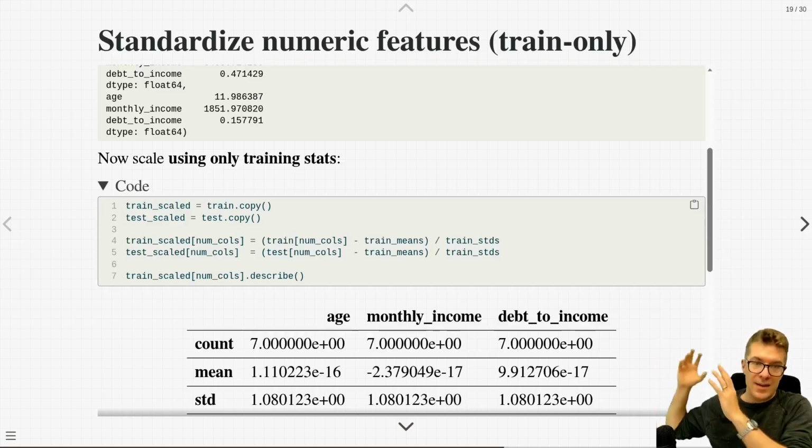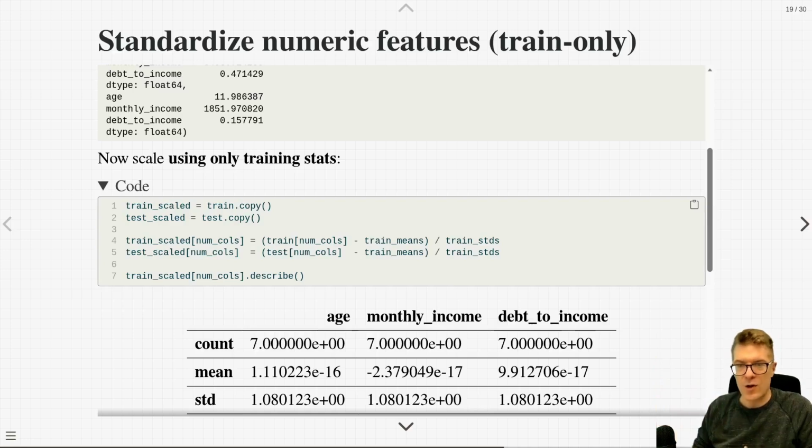Rather, I take the test data and scale it according to the statistics I've obtained on the train data. That's what's happening here on line 5. Take all your test data, remove the training mean and divide by the training standard deviation. So the test data is in the same dimension as the train data.